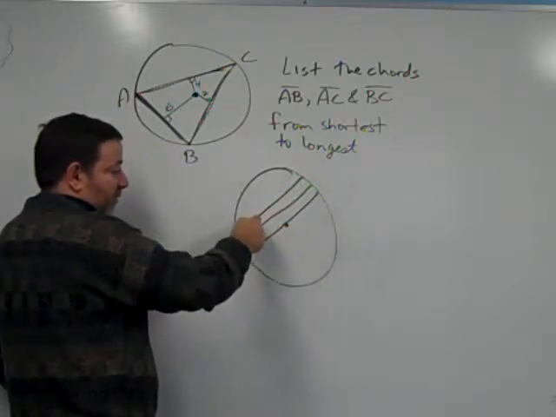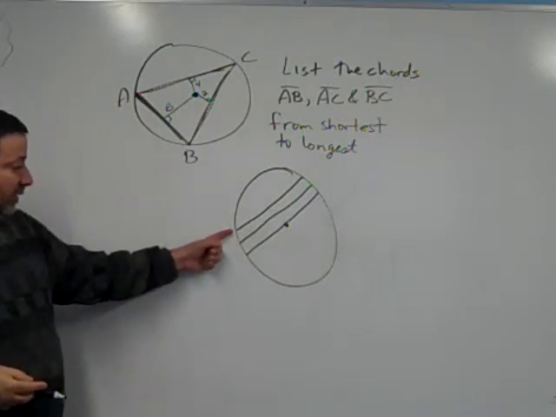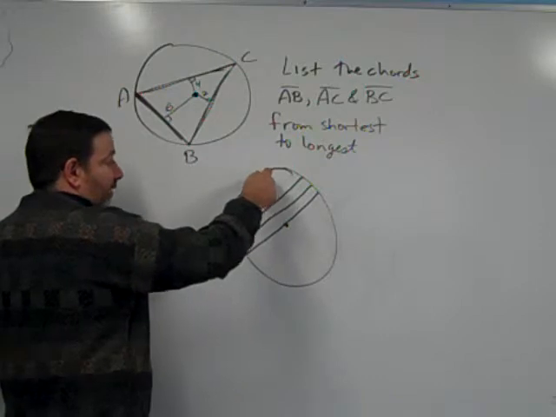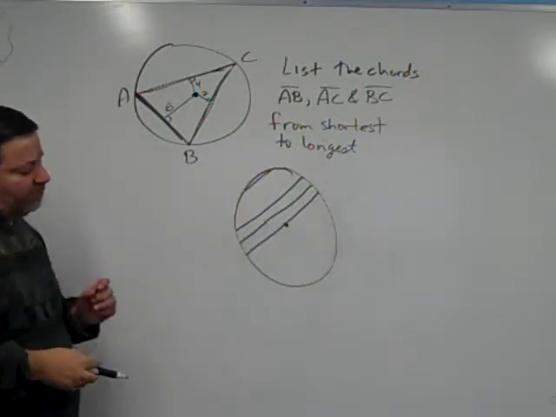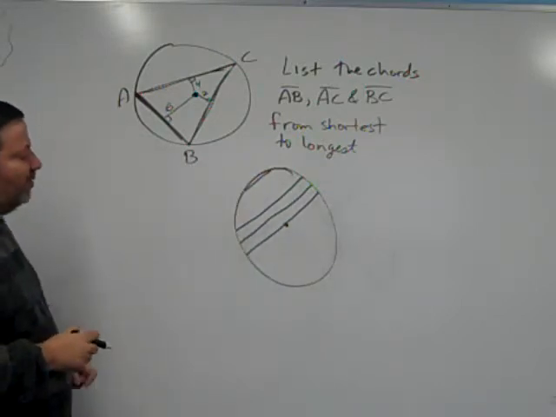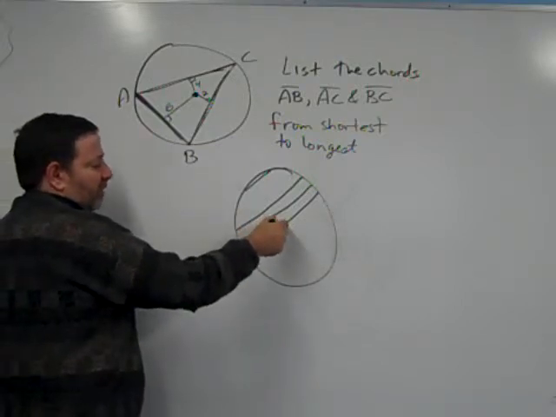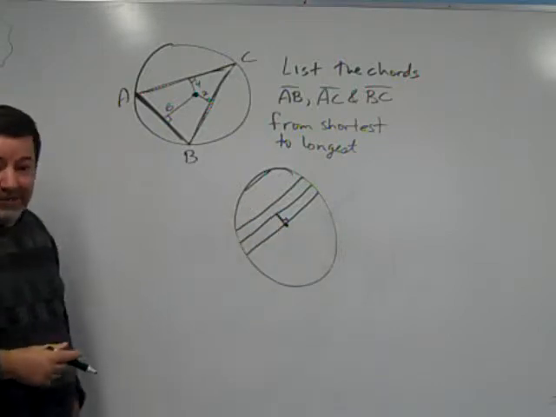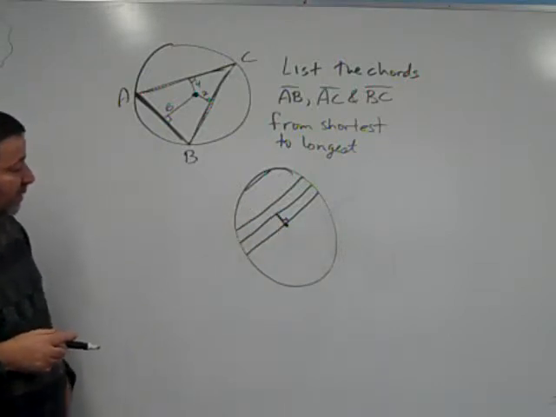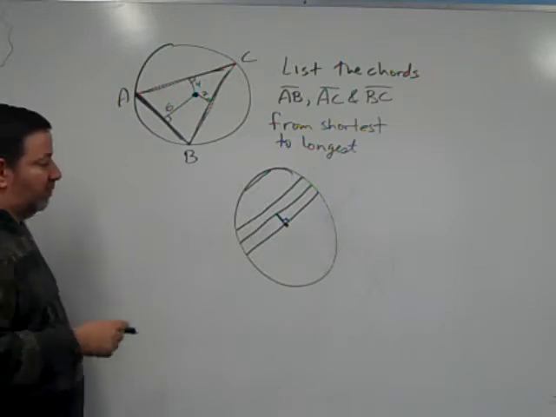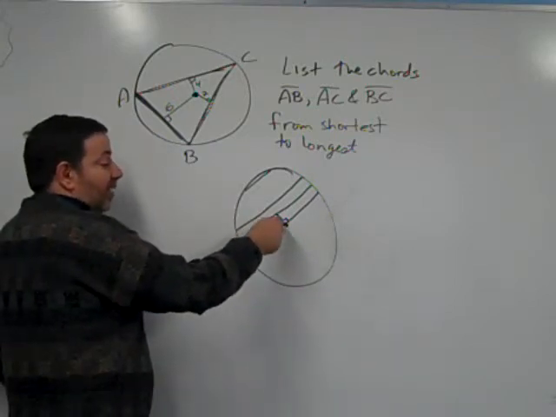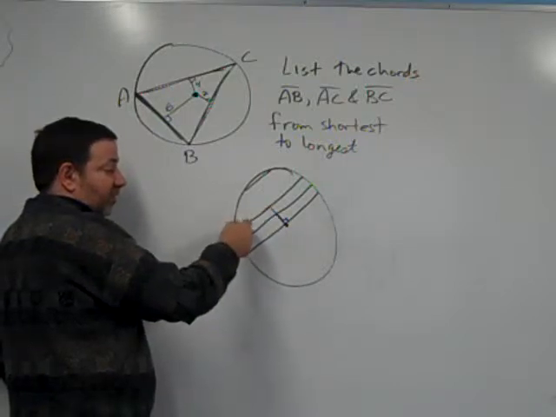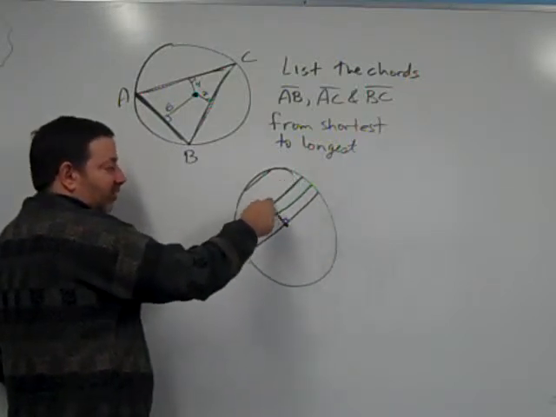This line is shorter than this one and that one. And this line here is the shortest. Now, let's see what's going on. When you're this far away from the center, notice it definitely has to be a right angle. If you go a little bit further away, this line is shorter.